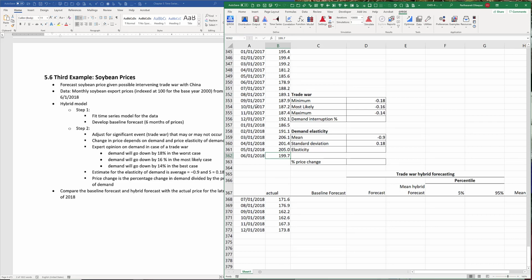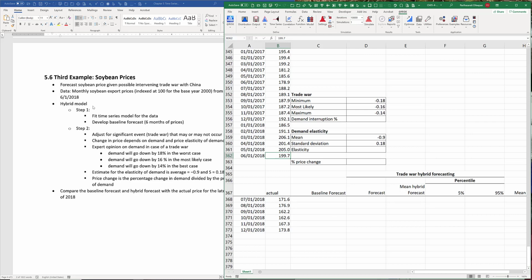But we're going to use up to June 1st, 2018 for modeling, and then we will use the last 6 months to compare with the forecast we are developing, to see how good a fit we are able to develop with the actual values. So this is the training set, and this is your validation or testing set. We have the actuals and forecast for us to compare.